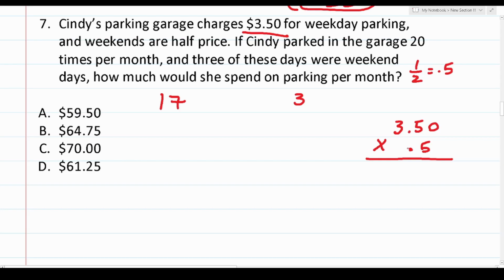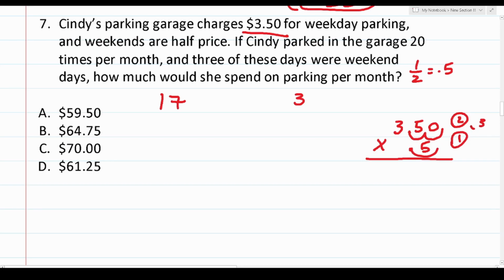But that said, we're now working out a multiplication problem involving decimals. And as we previously saw in this video, we can do these pretty easily by shifting the decimals to the right to get rid of the decimals temporarily. So I'm going to shift the decimal in 3.50 2 times to the right, and in 0.5 1 time to the right.